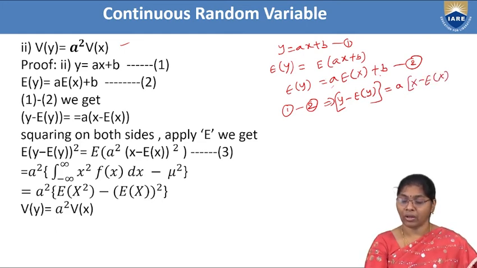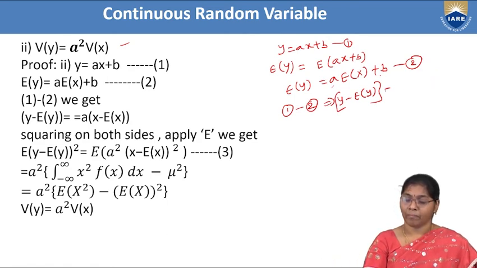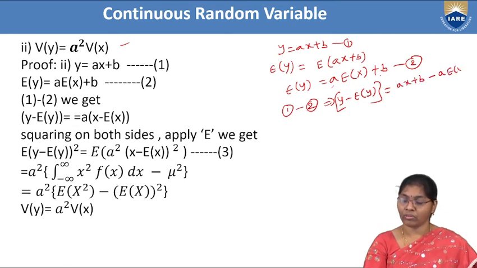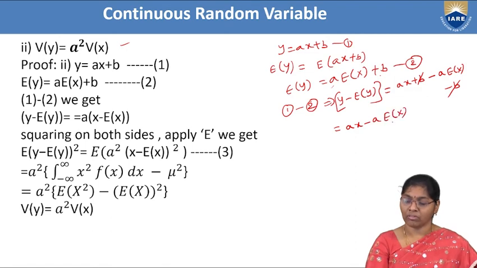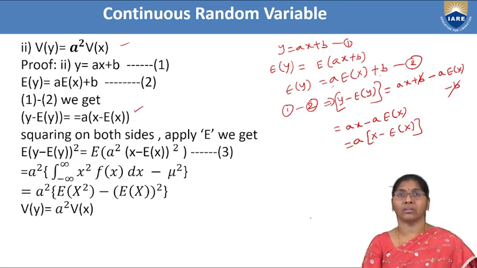Here ax plus b minus a into E of X minus b, where b minus b gets cancelled. What remains is ax minus a into E of X. Simply taking a common, that means a into (x minus E of X). That's why I am writing it like this.